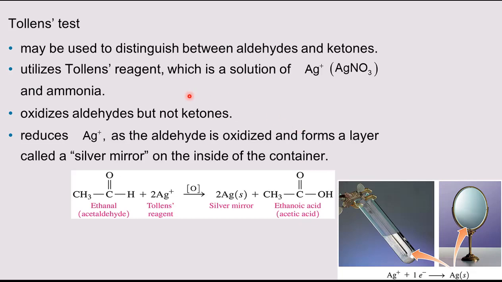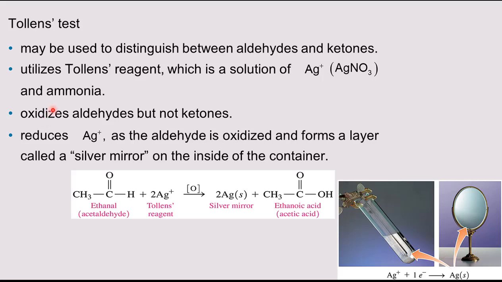Now, a really nice test that chemists can do in order to determine whether we are working with an aldehyde or a ketone is the Tollens' reagent test. This utilizes a reagent comprised of a solution of silver as silver nitrate and ammonia.